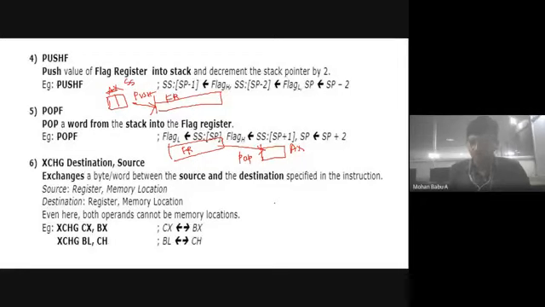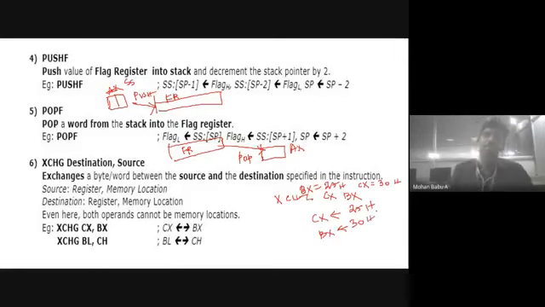See here, if I use exchange, I consider BX as 25H and CX as 30H. If I use exchange CX, BX, now the value for CX is 25H and the value for BX is 30H.